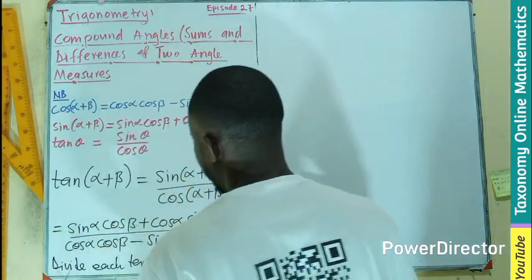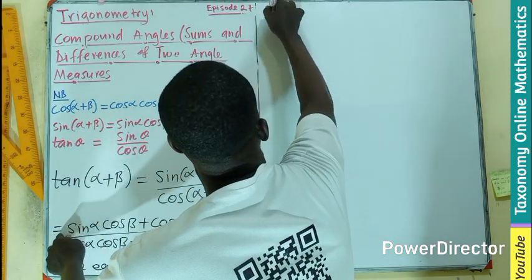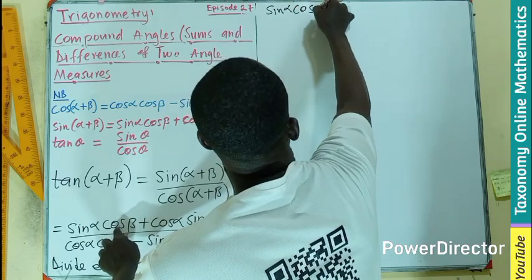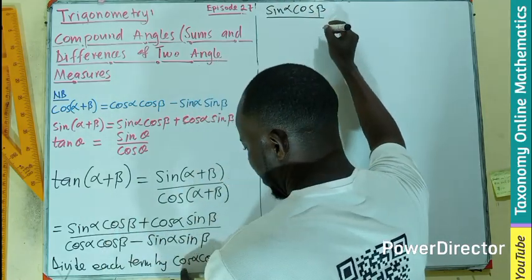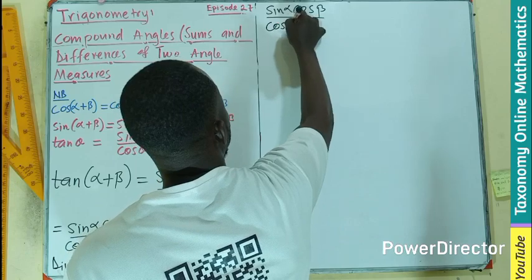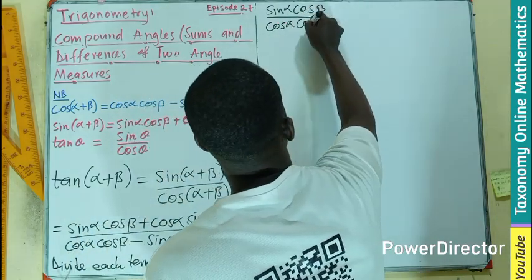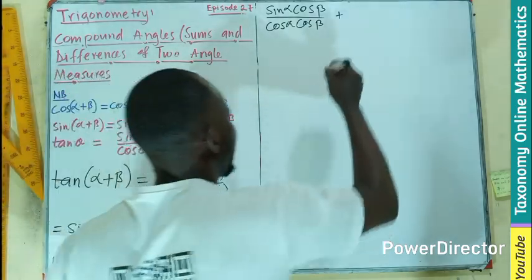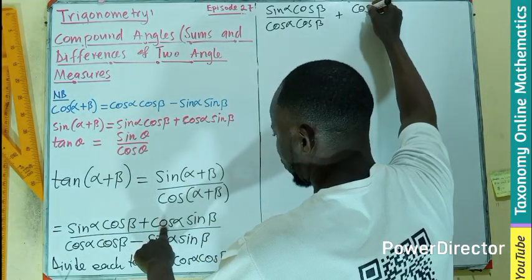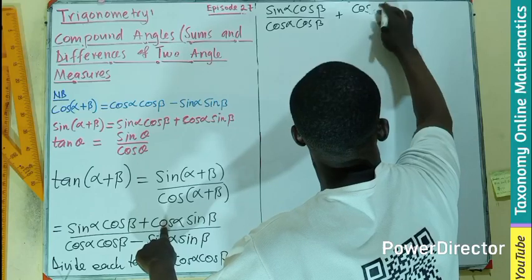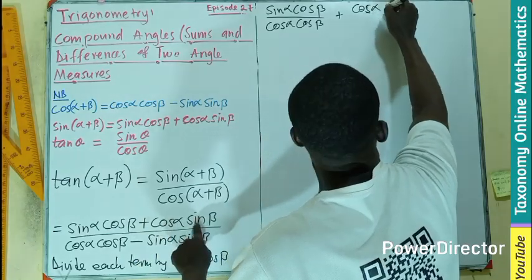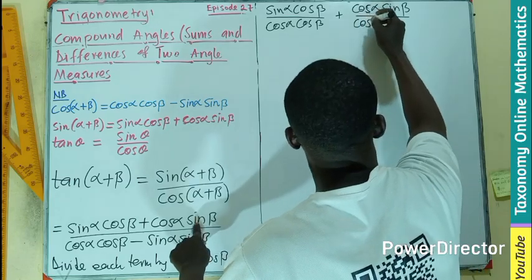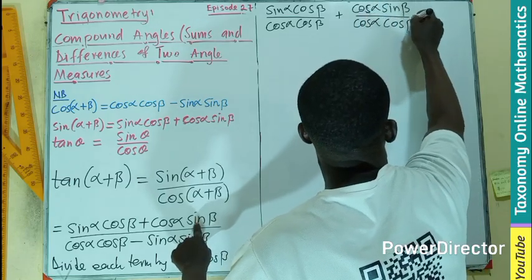Meaning, for this, it becomes sine alpha cos beta divided by cos alpha cos beta, plus cos alpha sine beta divided by cos alpha cos beta.